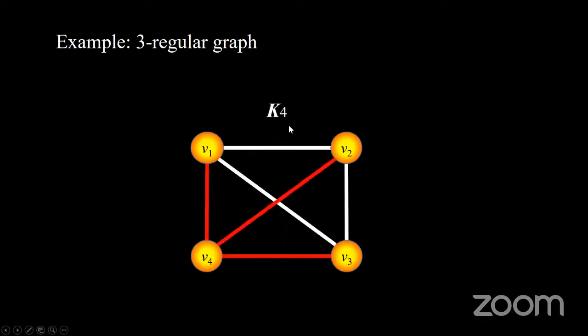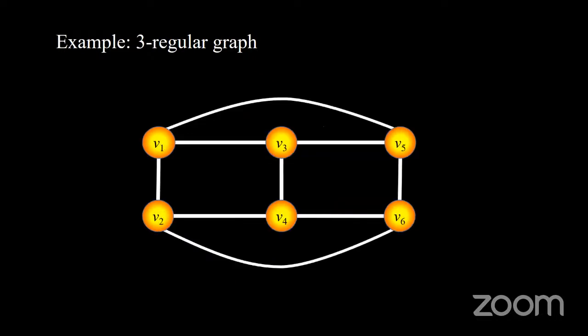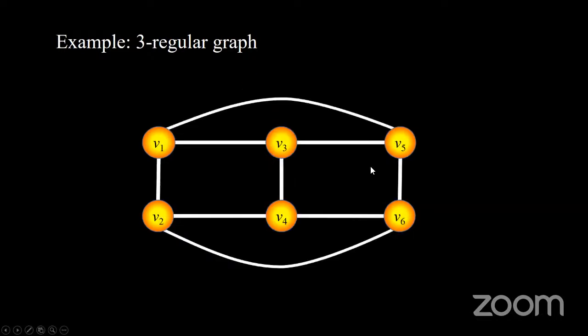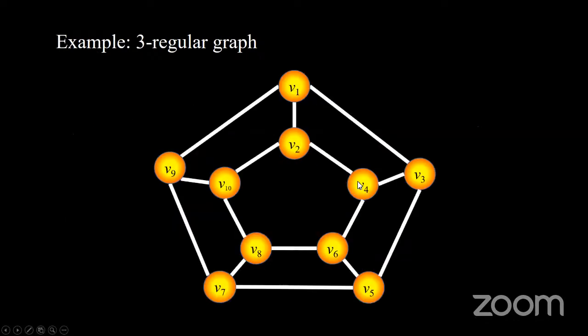This one is K4. This one has no name. So if you have an idea of your graph, then we can name it after you. Yeah. So it is also 3-regular, and this one is also 3-regular. Now this one is infinite. It's called the Mobius ladder.